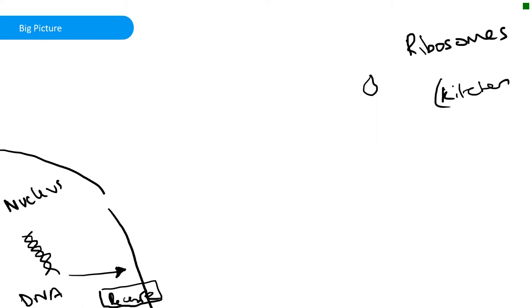That's where we make what it is we want to make. But we can't take the recipe to the kitchen because it's too valuable. We can't take it out of the library. So what we have to do is make a copy of the recipe that we want, to take it to the kitchen.